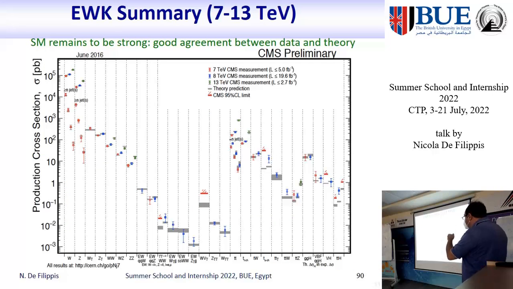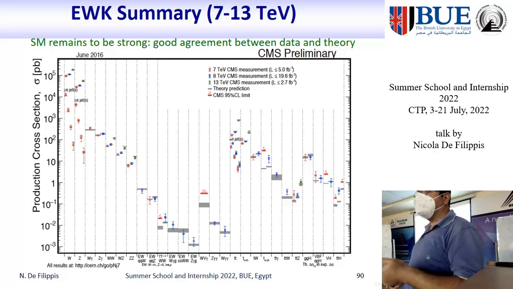So, as a summary of this lecture, which was yesterday's lecture, here you have a plot of the cross-section measured for all these kinds of processes, starting from the W and Z production, and then moving to W plus one photon, Z plus one photon, WW, WZ, ZZ, and top production, tW single top production, t t-bar Z production, and then up to the X region.